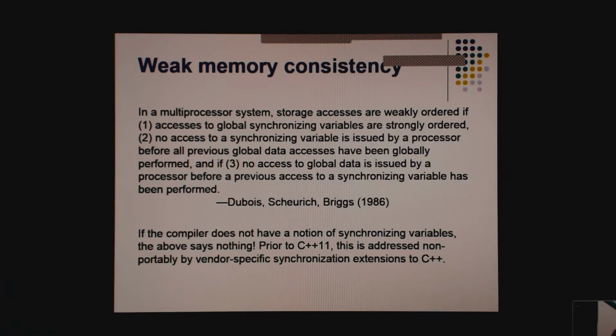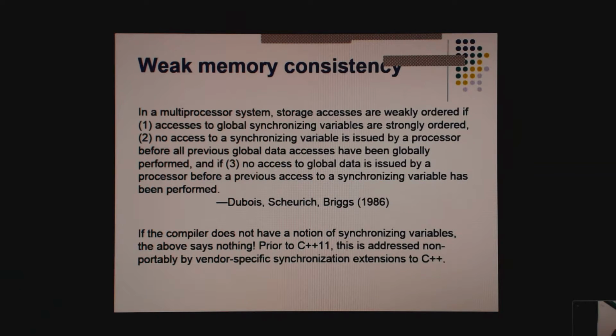Okay, so modern processors use weak consistency, and what this basically says is that you don't see memory consistently between other processes unless you explicitly introduce some kind of synchronization operation that will flush the caches.